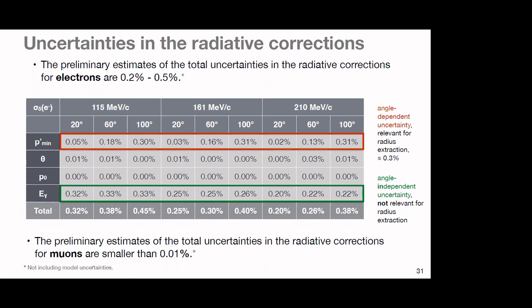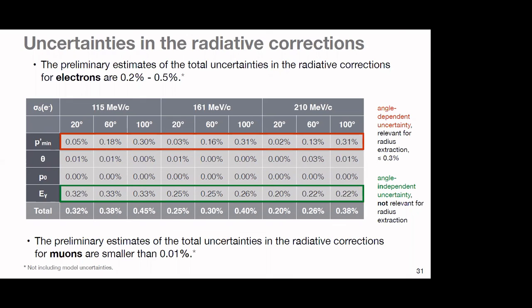The only important parameters are P prime min, the momentum threshold for the outgoing lepton, and E gamma, which is the cut we make in our photon calorimeter. The boxes here indicate those two rows. And I want to stress here, if you look at the numbers, there are important differences.